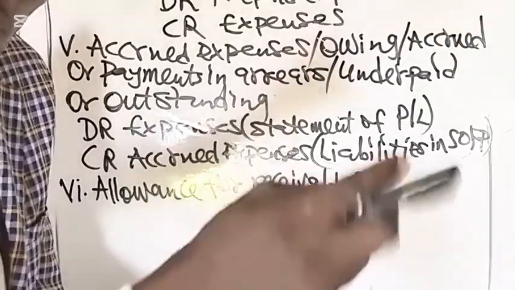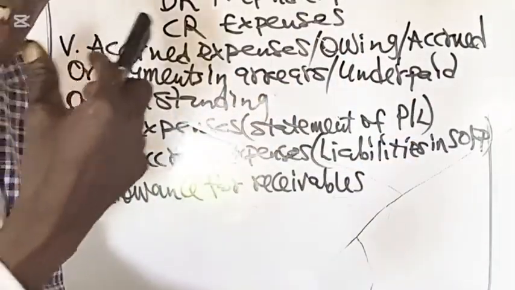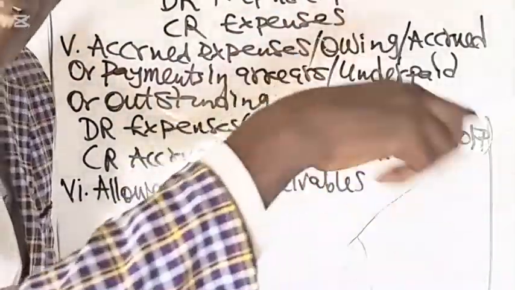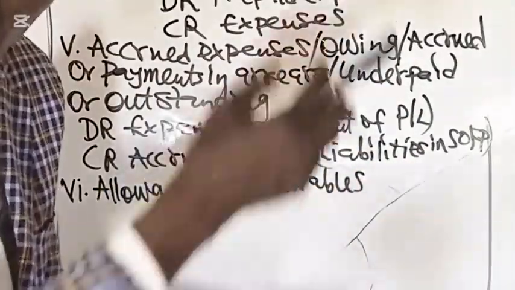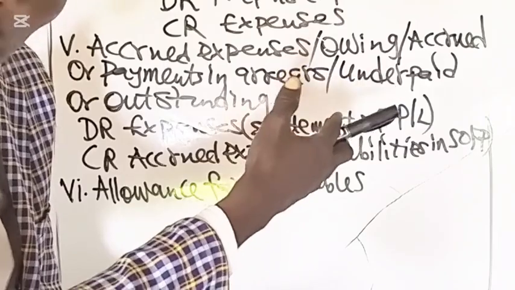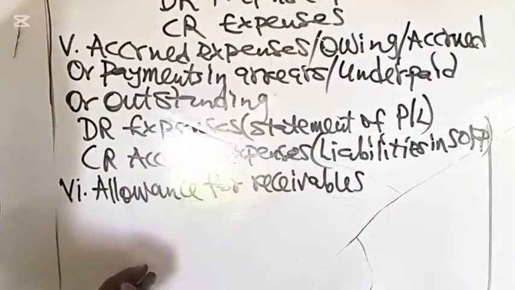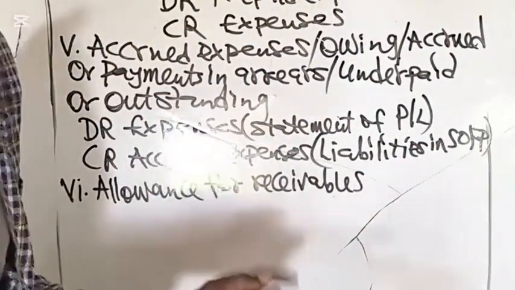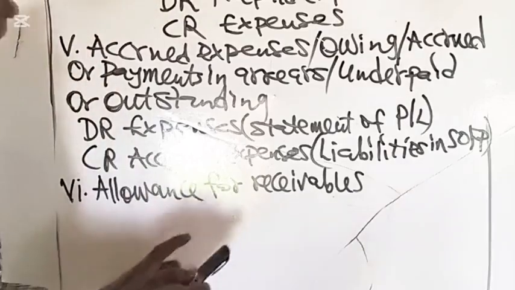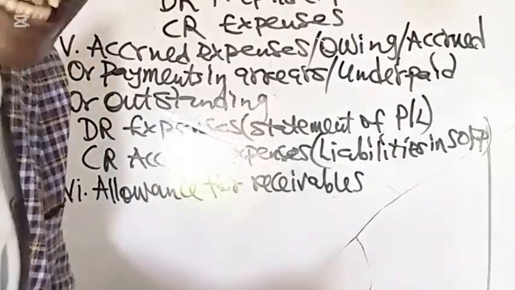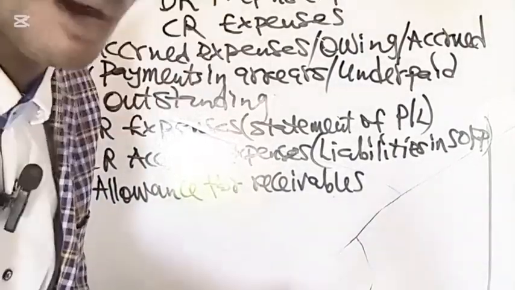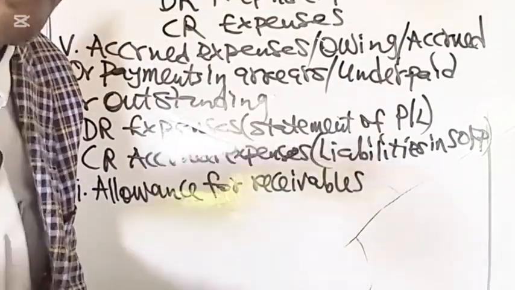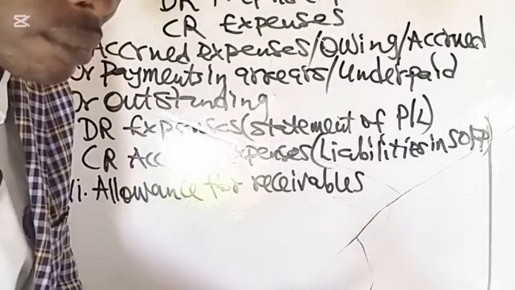Of course, if you don't have allowance for receivables in the trial balance, the amount there is zero, and it increases from zero to the current amount. That means you still have it as an increase. An increase in allowance for receivables should be charged as an expense in the statement of profit or loss. Please bear that in mind.